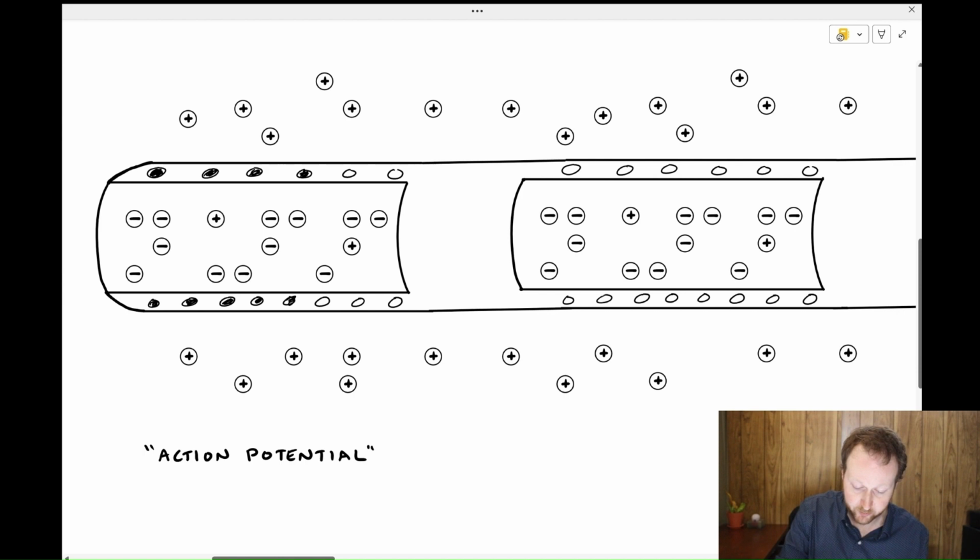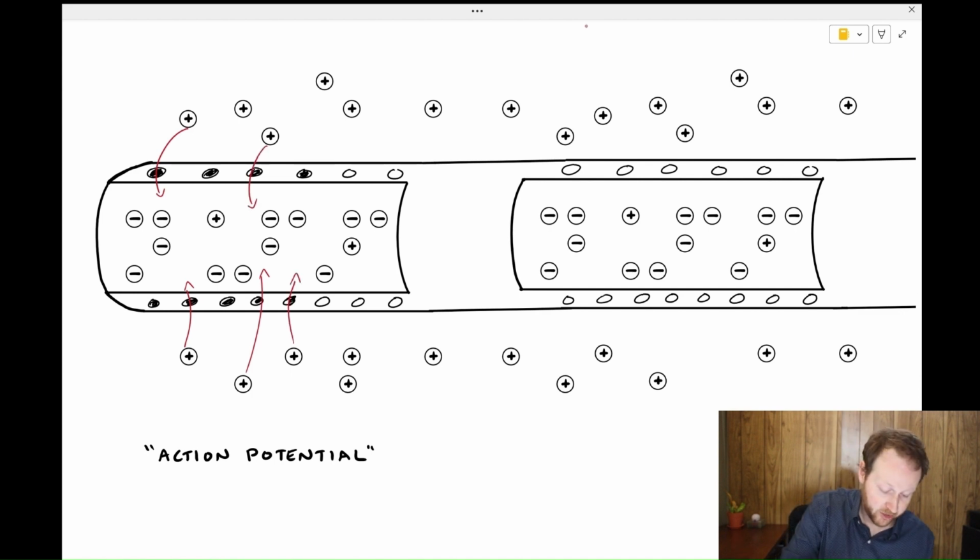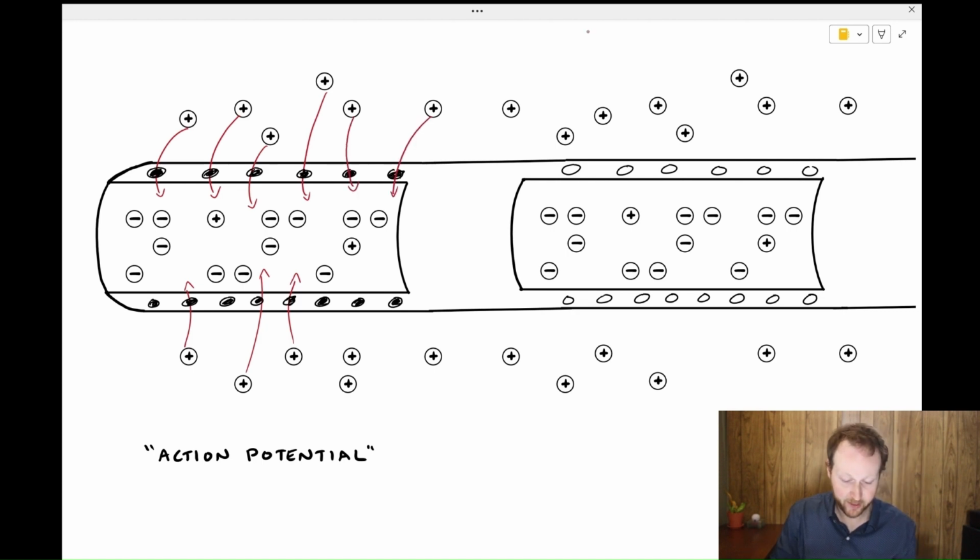And guess what happens when the ion channels open up? Well, sure enough, these positive ions that have been outside of the cell all start jumping inside of the cell. So the positive ions that were hanging out and clustered and concentrated outside of this neuron start popping inside the neuron once these ion channels have opened up.